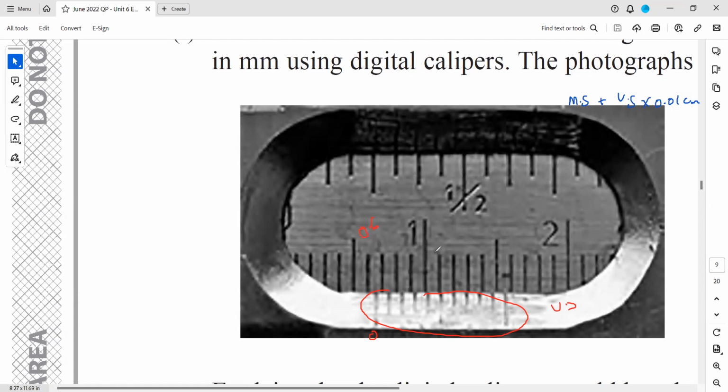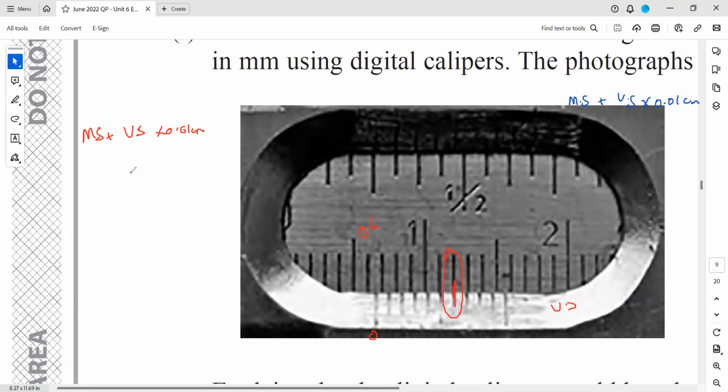What about the vernier scale reading? The formula is main scale plus vernier scale times 0.01 centimeter. The vernier scale reading is the line which coincides with the main scale. If you see which line coincides, this is the line, one over the other.